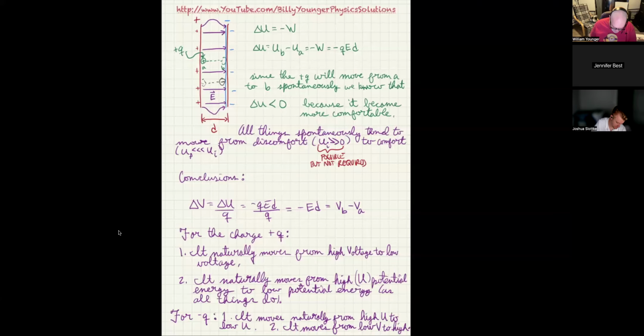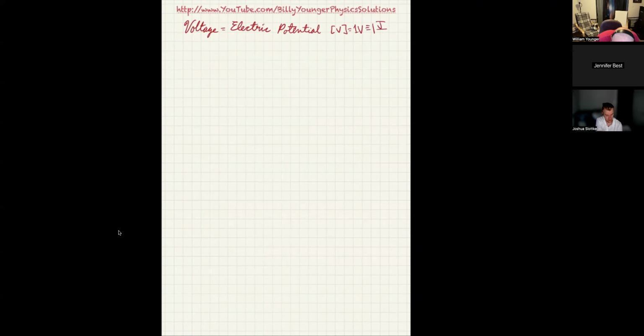Okay. So all of this stuff was really about you trying to make sense of potential energy versus electric potential. So again, voltage is also called electric potential, and the units of V are the volt, which is defined to be 1 joule per coulomb.